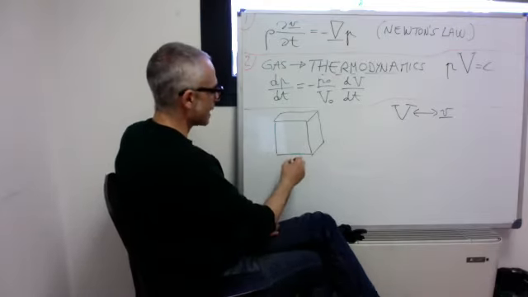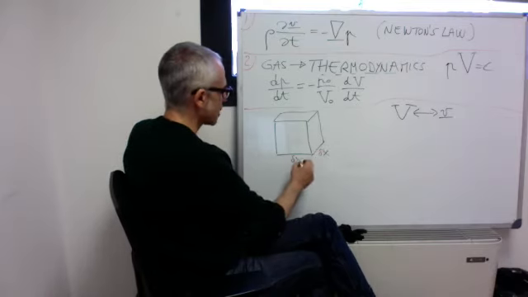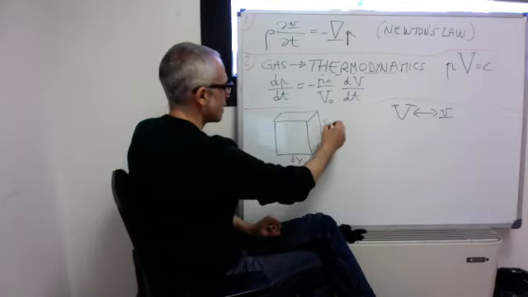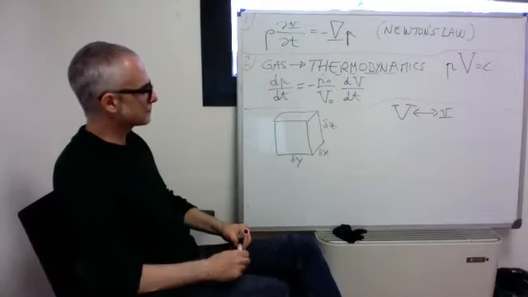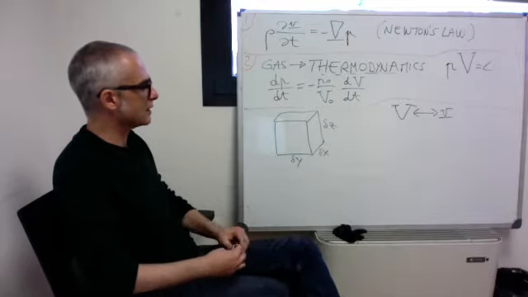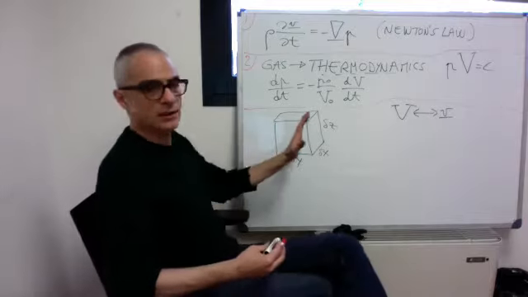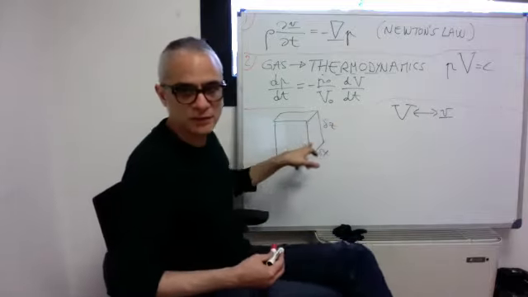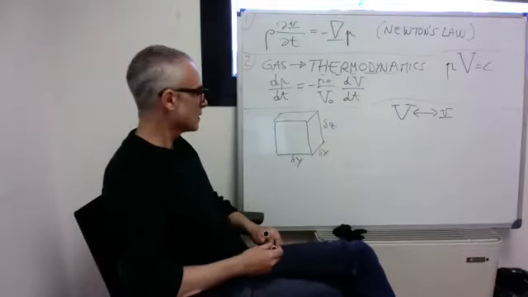To remind myself that it's small, I'm going to use a little delta here. So I'm going to call delta x, delta y, and delta z its sides. And I'm going to ask myself, how can I write its volume, in terms of its change in volume, in terms of its deformation?